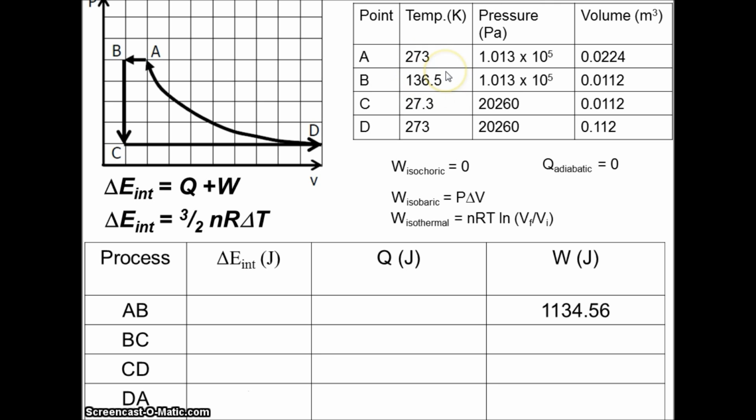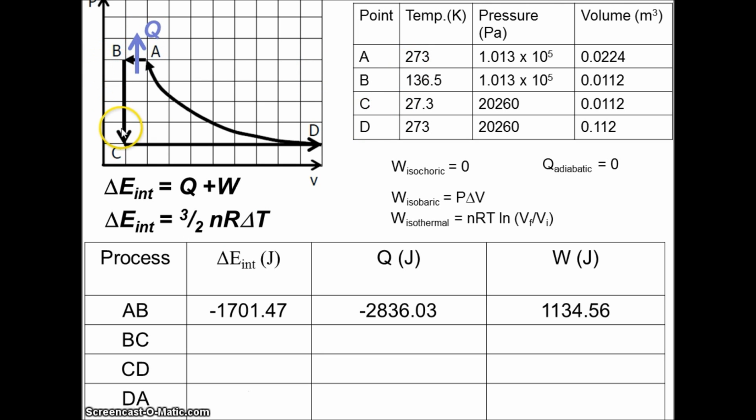That's going to give me a negative change in temperature, which gives me a negative change in internal energy. Then I can use the first law of thermodynamics, which is really conservation of energy, to figure out the heat, which is negative 2836 joules. So that means heat is actually leaving the gas.